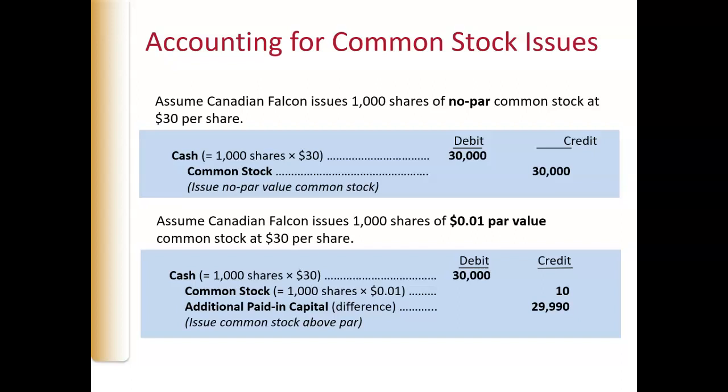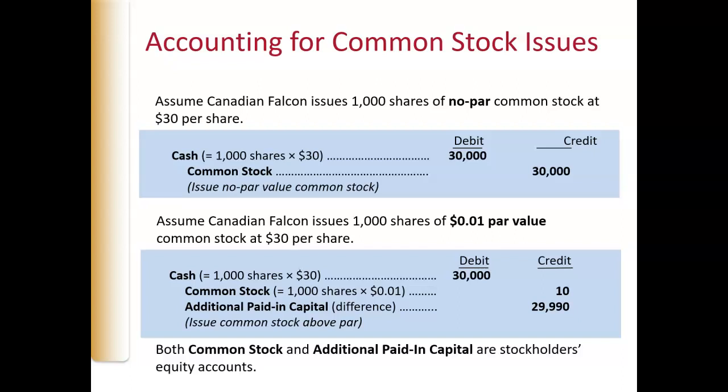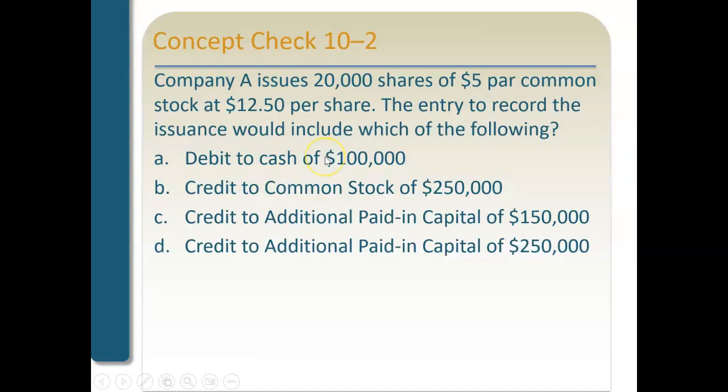And everything else above and beyond that is credited to additional paid-in capital. Okay? Both common stock and additional paid-in capital are stockholder equity accounts. We just account for it a little different based on par versus no par.